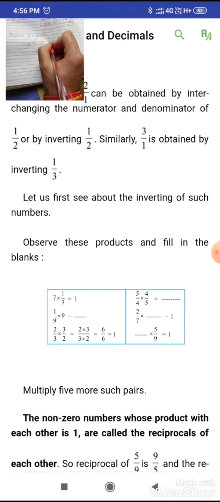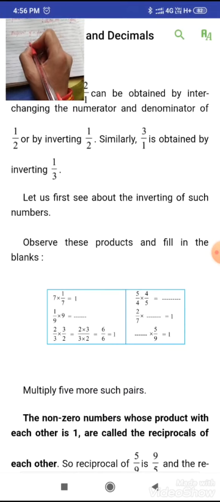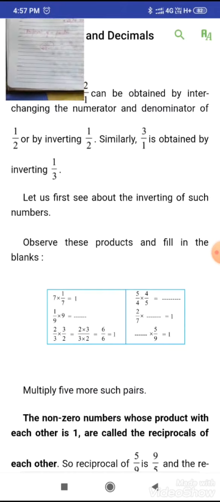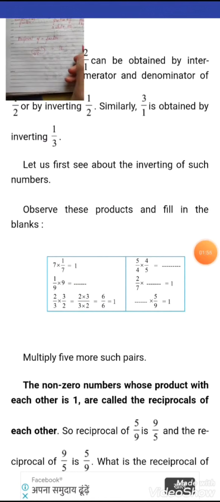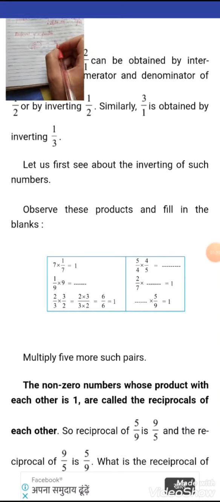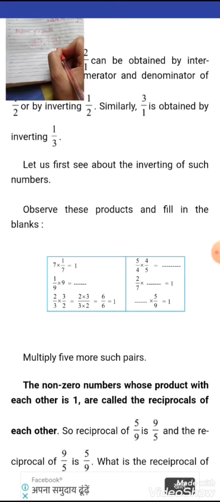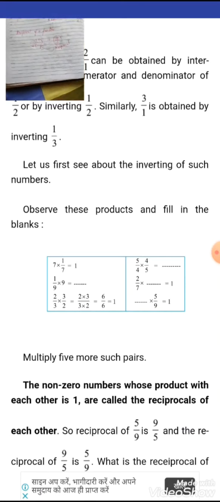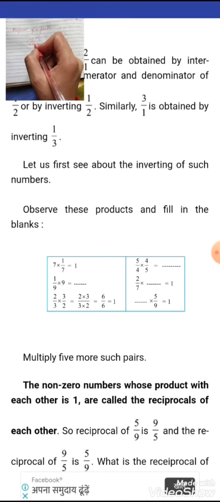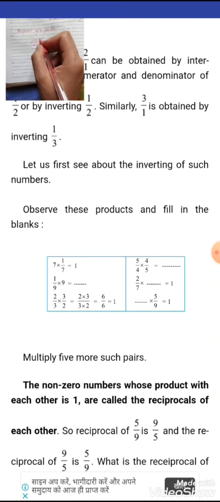So here, when we interchange digit of this fraction, we will get a new fraction which is 4/3. This resultant new fraction is known as the reciprocal of the fraction. For making reciprocal of the fraction, we simply interchange digit of the numerator and denominator.